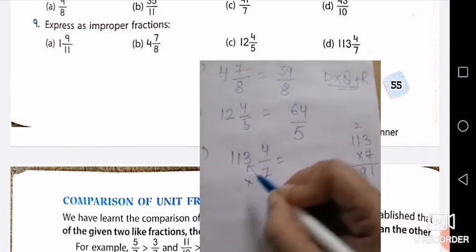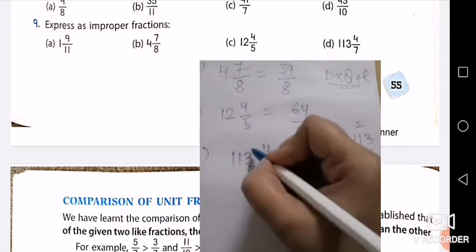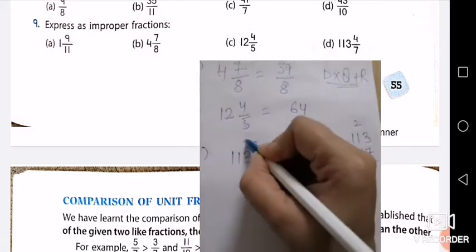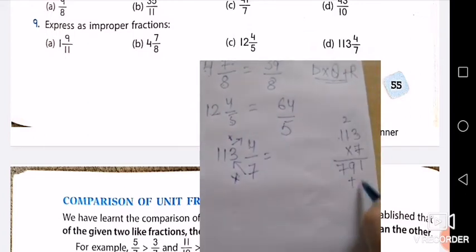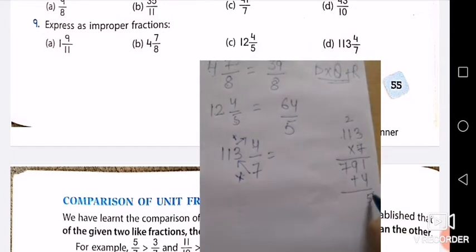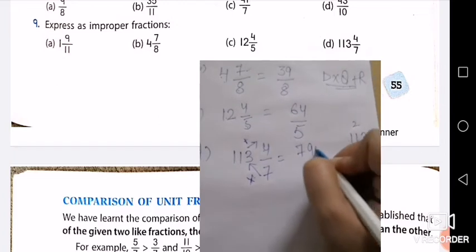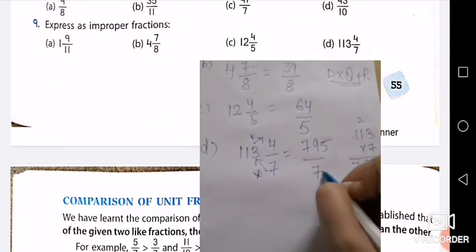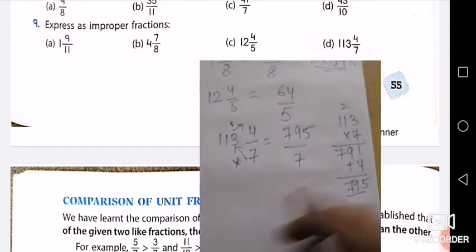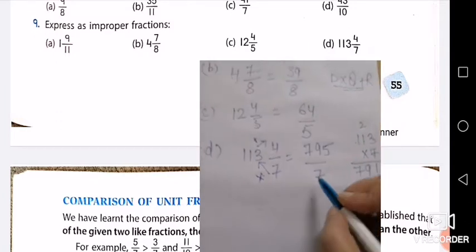These two numbers will be multiplied. Whatever answer you get, this 4 will be added to that. Now plus 4, what you will get? 5, 9, 7. So you will get 795 upon 7.